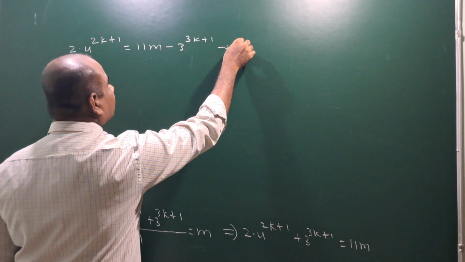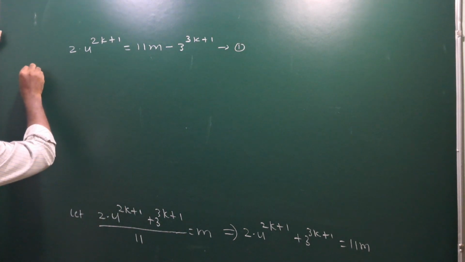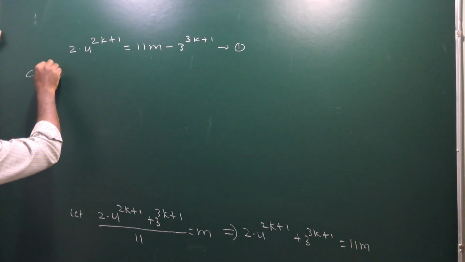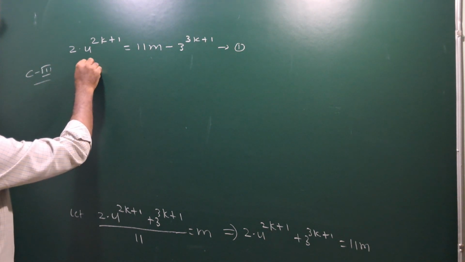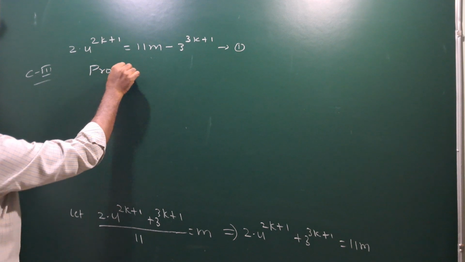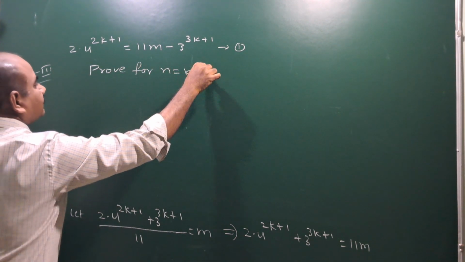Considering this as equation number 1, now we have to prove our statement is true for n = k+1, that is case 3. Proof for n = k+1.